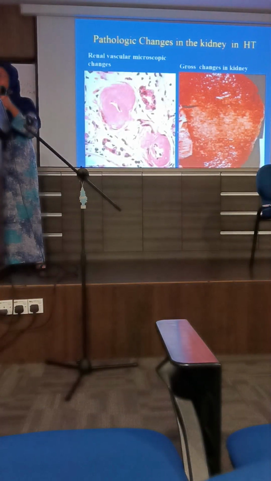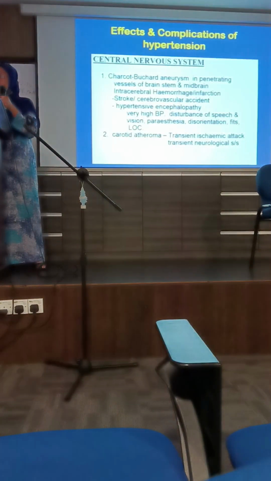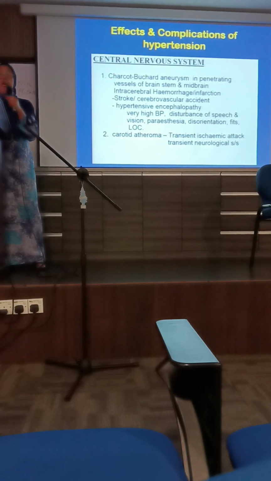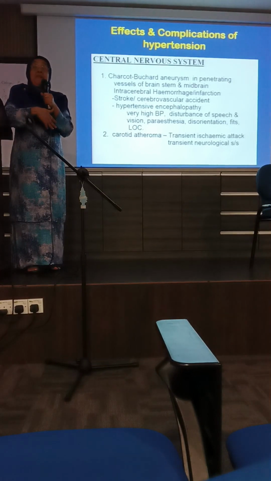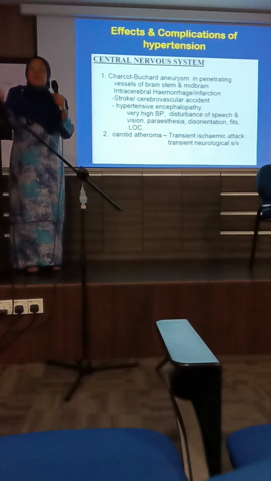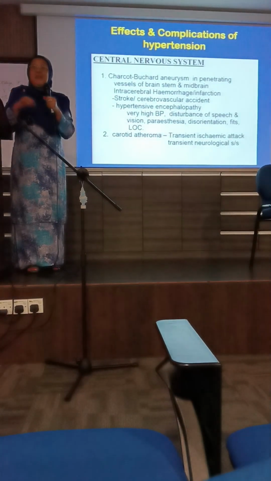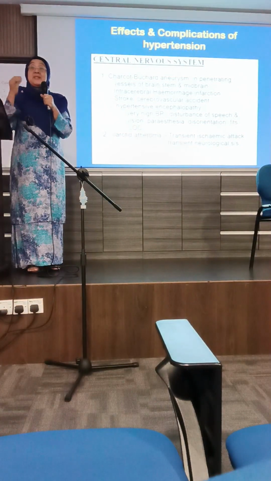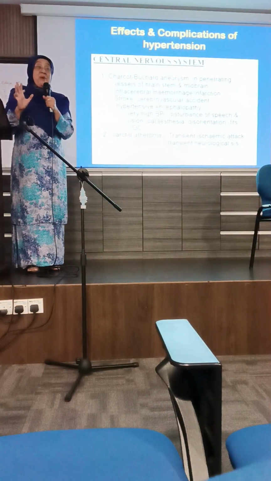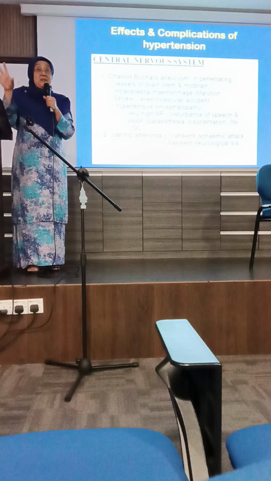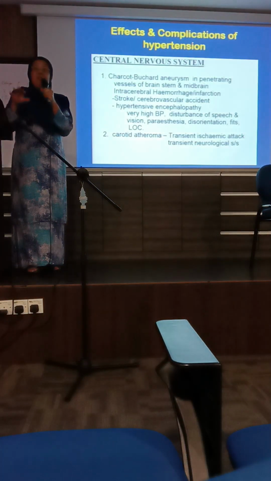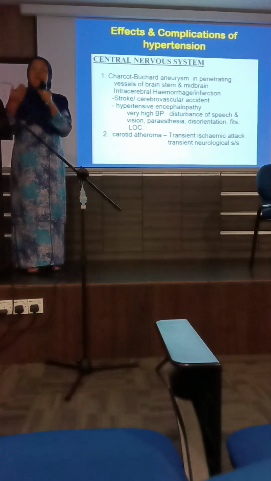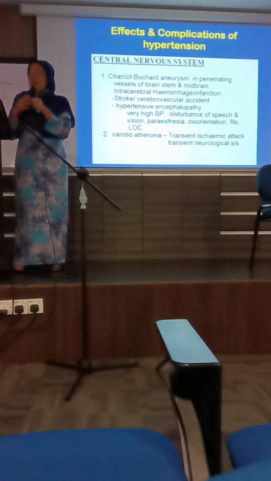Okay, we've seen this. How about the central nervous system? We have blood vessels all over, right? Small, big, medium, whatever, it's present everywhere. So we are interested in the effects and complications on the vital organs. Therefore, it can affect the brain. How about the brain?